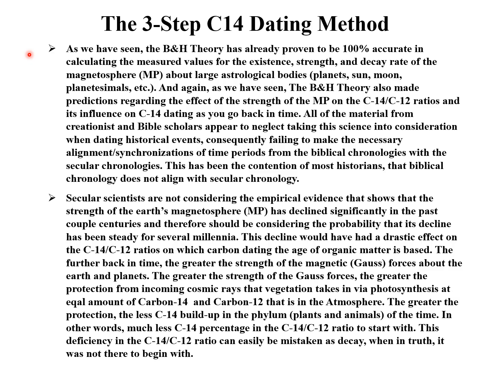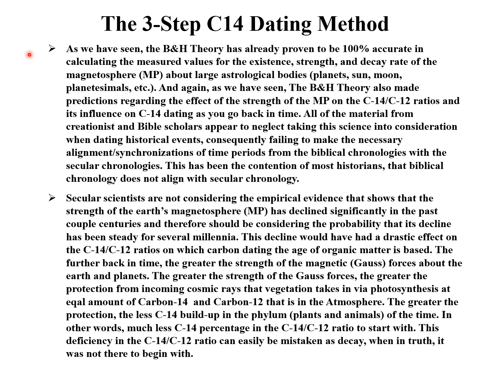Secular scientists are not considering the empirical evidence that shows that the strength of the Earth's magnetosphere has declined significantly in the past couple centuries, and therefore should be considering the probability that its decline has been steady for several millennia. This decline would have had a drastic effect on the carbon-14, carbon-12 ratios on which carbon dating the age of organic matter is based.